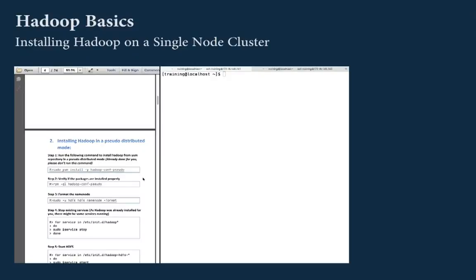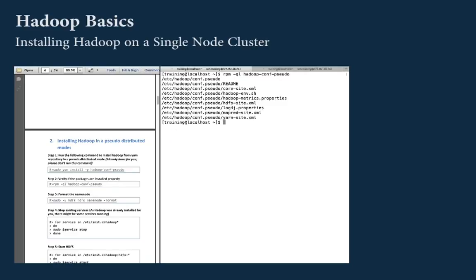In the next step, we are going to see if Hadoop is actually installed or not. To do that, the command is rpm -ql hadoop-conf with sudo. If you see a set of configuration files, that means Hadoop is actually installed on this particular machine.